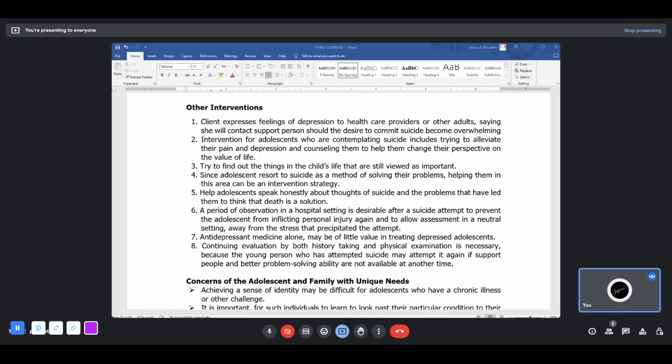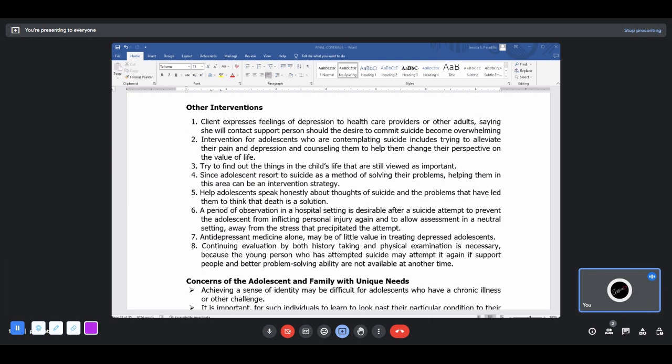Okay, another intervention, try to find out the things in the child's life that are still viewed as important. And since adolescents resort to suicide as a method of solving their problems, helping them in this area can be an intervention strategy.